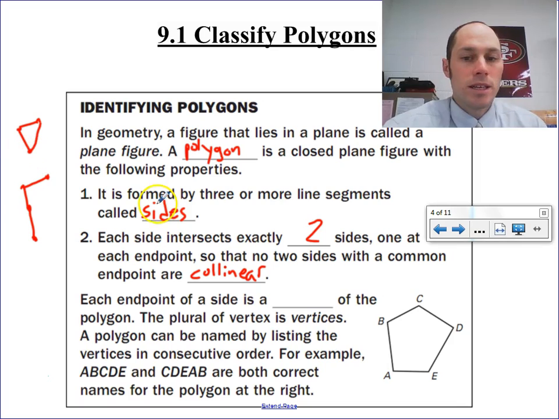Each endpoint is known as a vertex, kind of like in triangles, where we've referred to the vertices already. A polygon is named by listing the vertices in consecutive order. So I could say A, B, C, D, E, or C, D, E, A, B. Both those examples are correct, or any other example that follows in order.